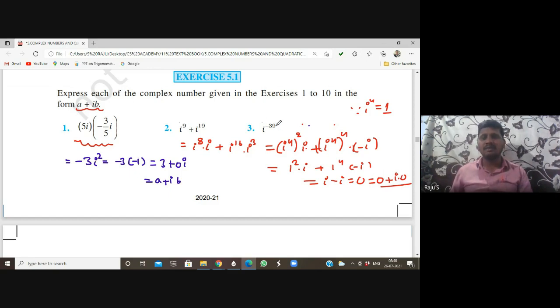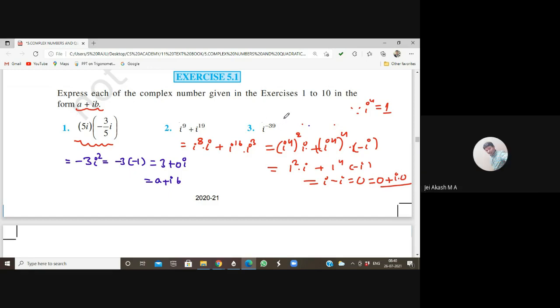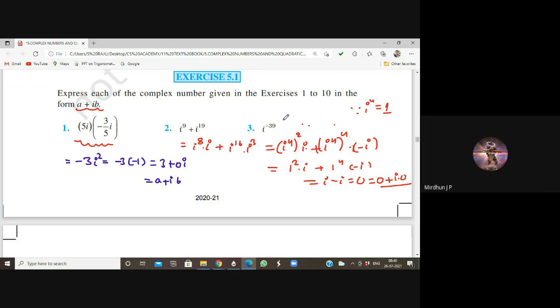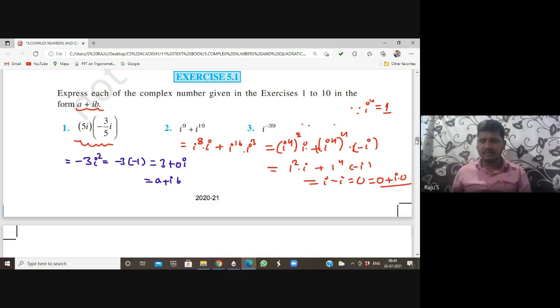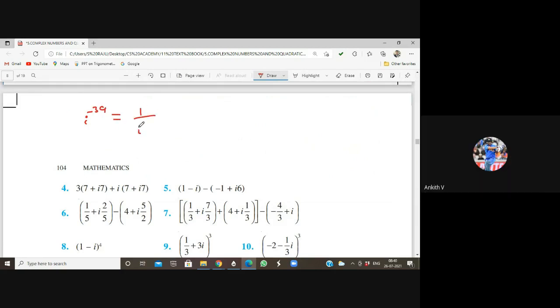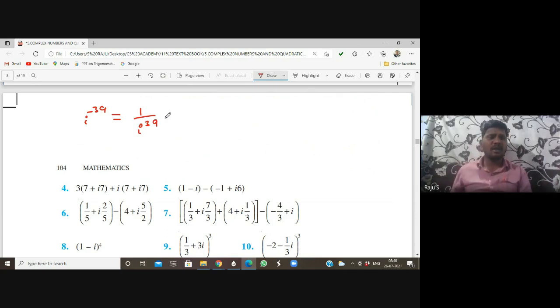Then what about this? Zero. Yes, sir, single zero coming, sir. This is i power minus 39, look at here. I power minus 40 into i. Okay, you should write like this: this is equal to 1 by i power 40, multiplying and dividing with i.